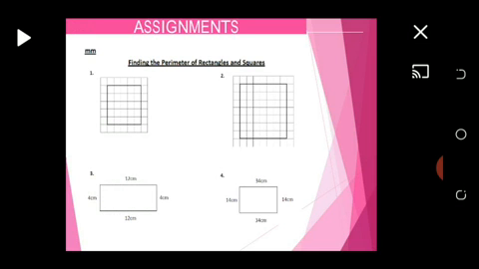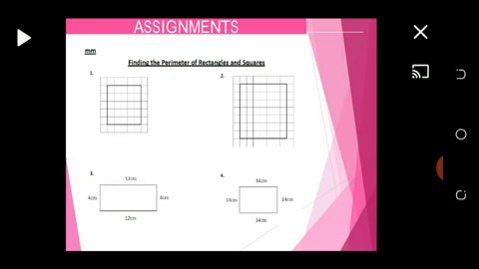So we have P equals 2 times, bracket open 7 plus 4 bracket closed. Then 7 plus 4 is 11. 11 times 2 will give you what? 22.